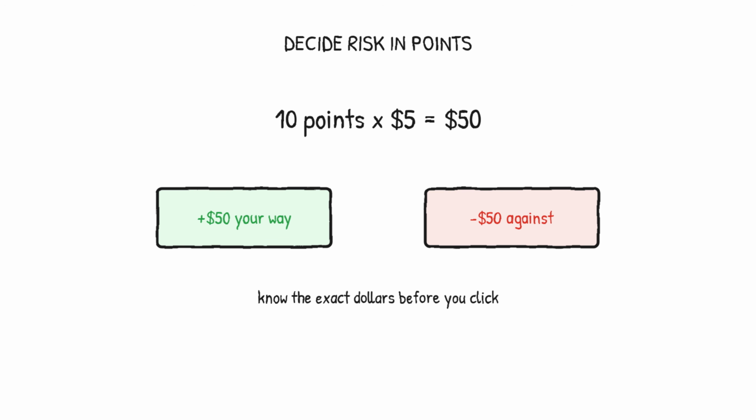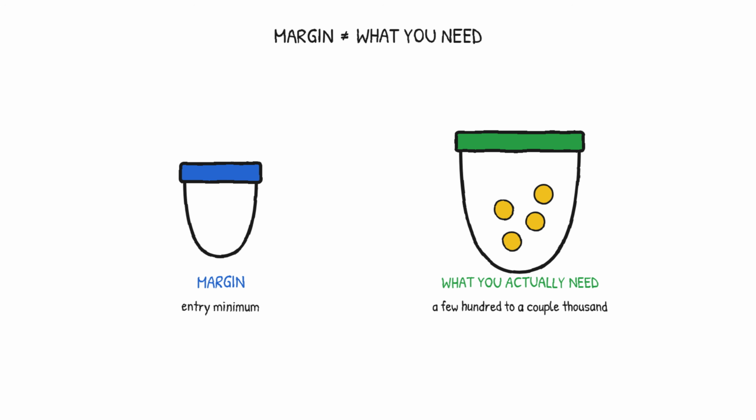How much to start? Brokers set a day trading margin per micro contract, often in the low hundreds, and it varies, so check yours. But margin is the entry minimum, not a safe account size. A realistic buffer is more like a few hundred to a couple thousand.